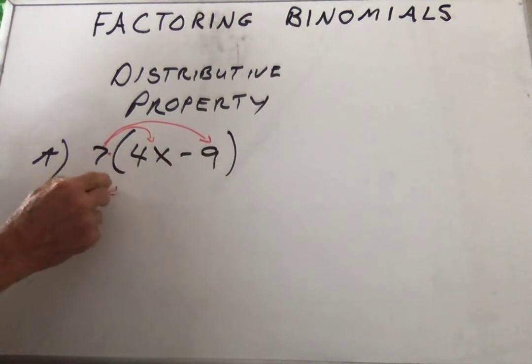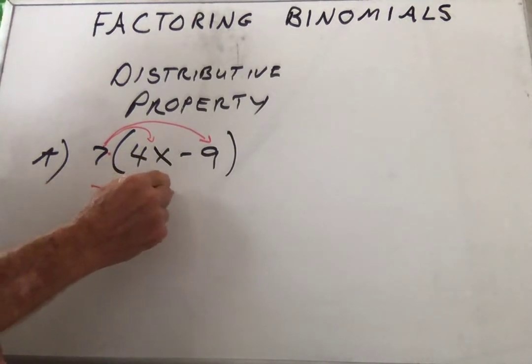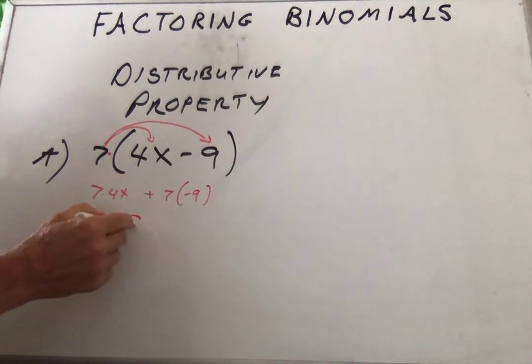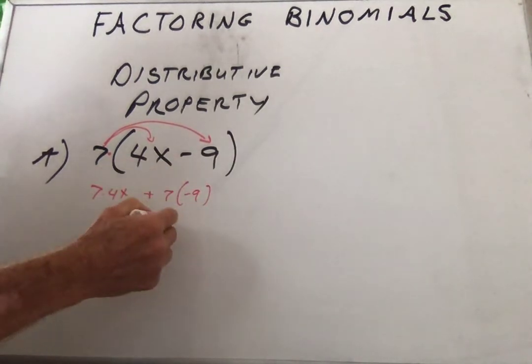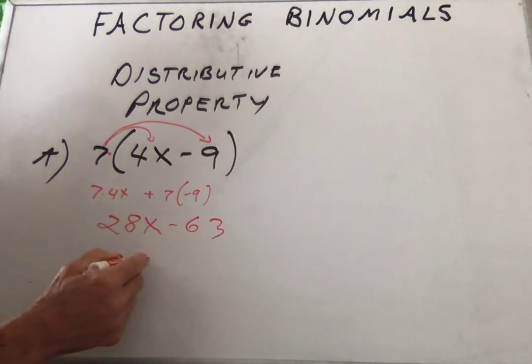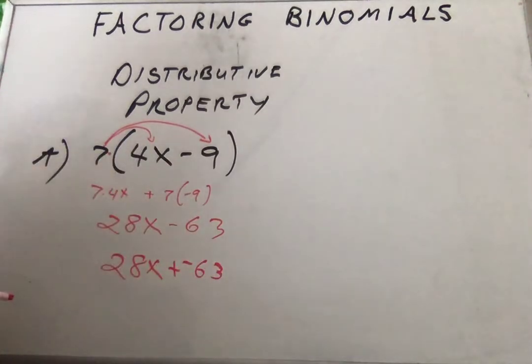So you're doing 2 multiplications. So you end up with 28x minus 63, or you can write it 28x plus negative 63. Hopefully that looks familiar to you.